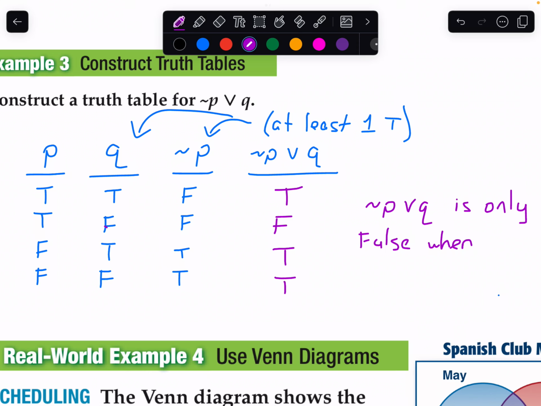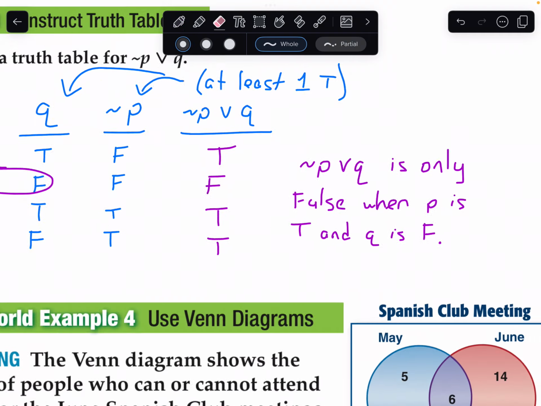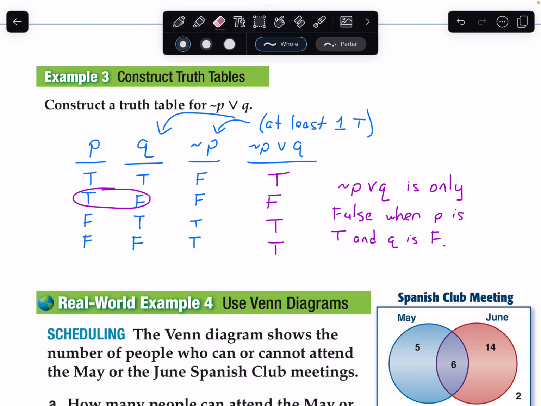It was false when both of these were false, but what does that say about the original combination? When P is true and Q is false. And remember, P and Q stand in for whatever statements we are working with at the time.